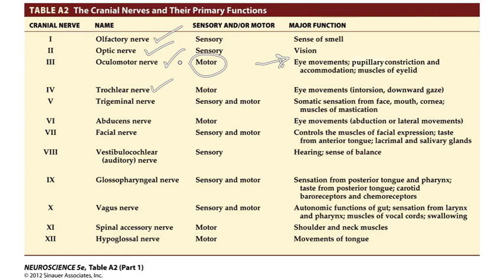It provides for somatic sensory signals to pass into the brain stem, and it also allows for motor signals to leave the brain stem to innervate the muscles that are involved in chewing. So the trigeminal nerve is involved in both somatic sensation from the face, mouth, as well as the cornea of the eye, but also in the muscles of chewing, and we call that mastication.